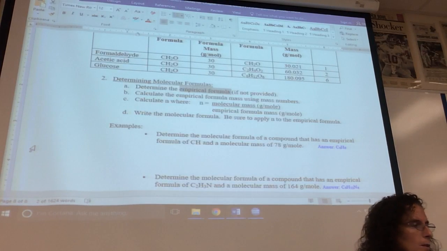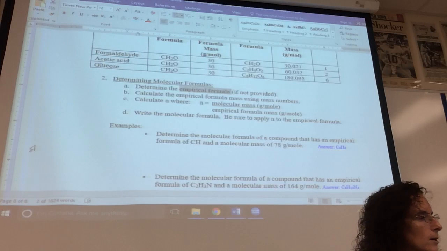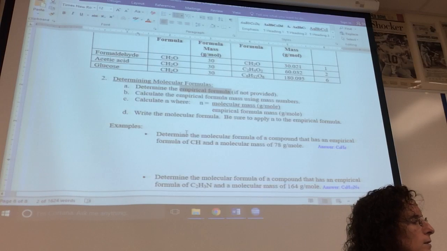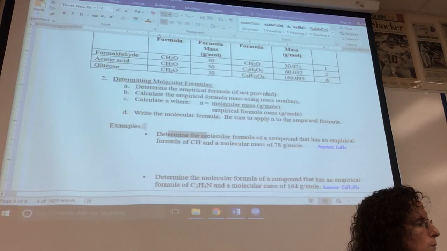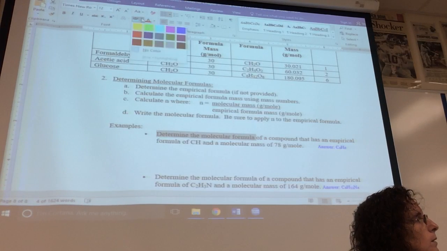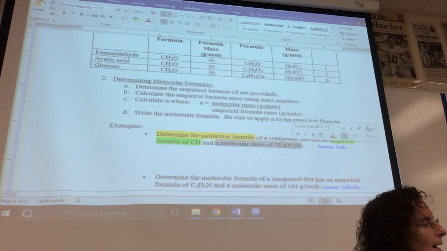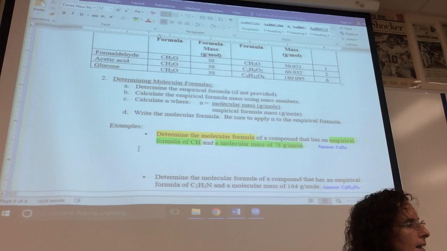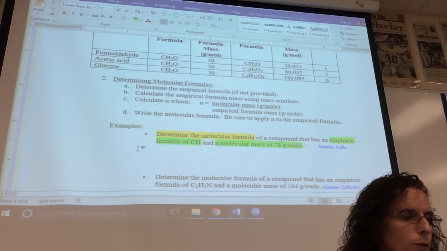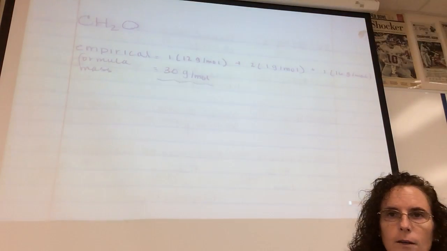We want to determine the molecular formula of a compound, so that's what we're looking to do. It has an empirical formula of CH, and the molecular mass is 78 grams per mole. So that's the information that is provided, and let's take a look.